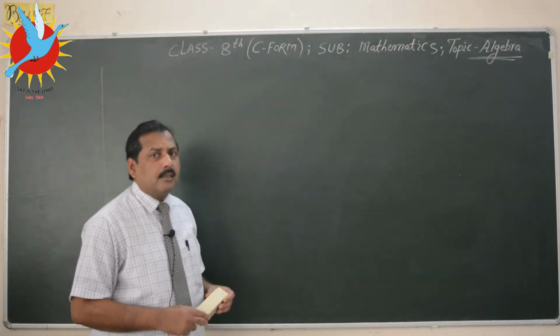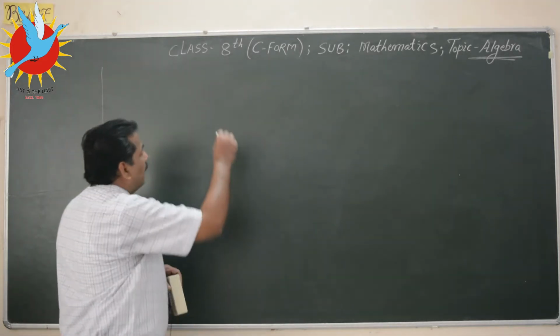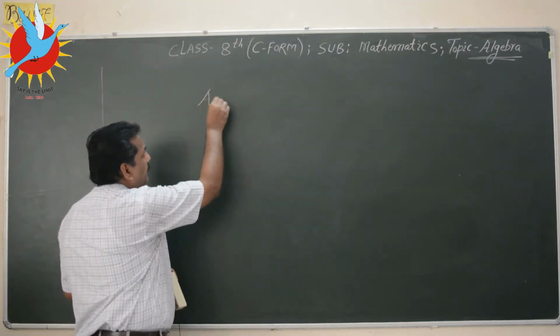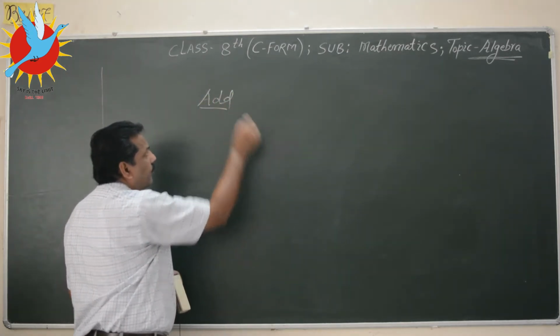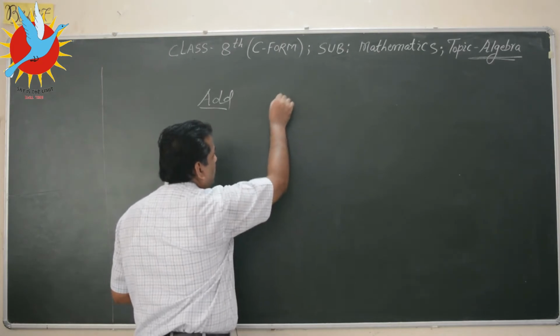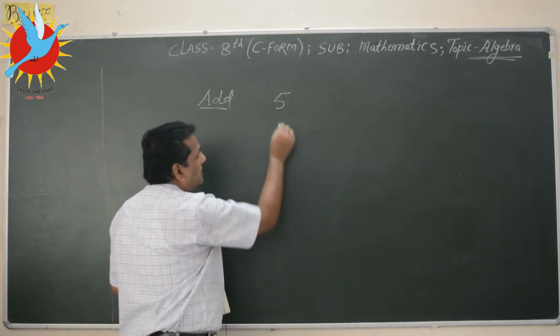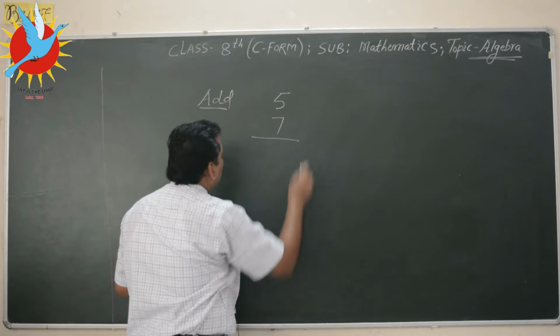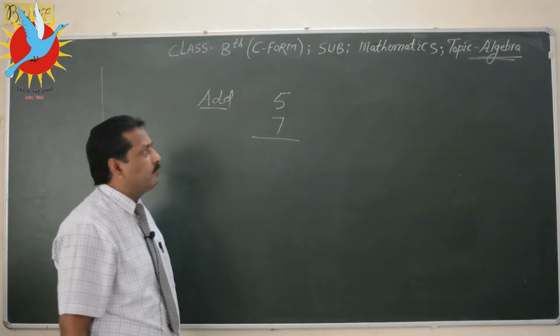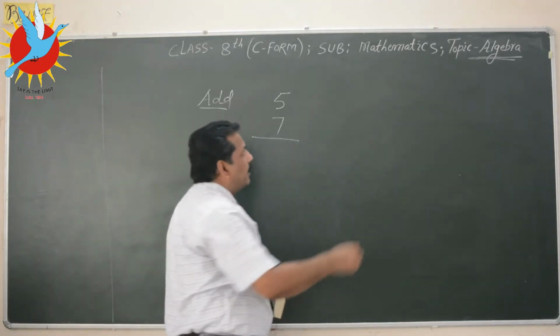Let us take simple numbers, and I am writing it here. Add. First, let us say this is 5 and this is 7. So two numbers are to be added. Let us take another example.